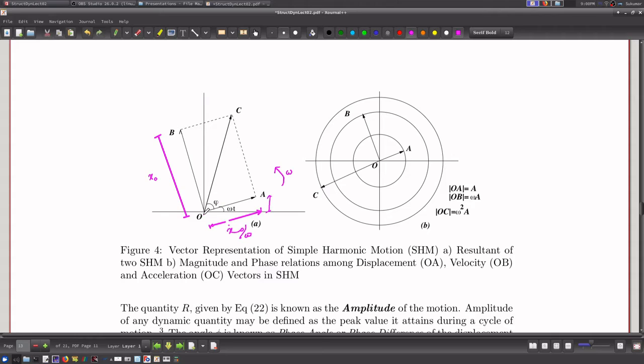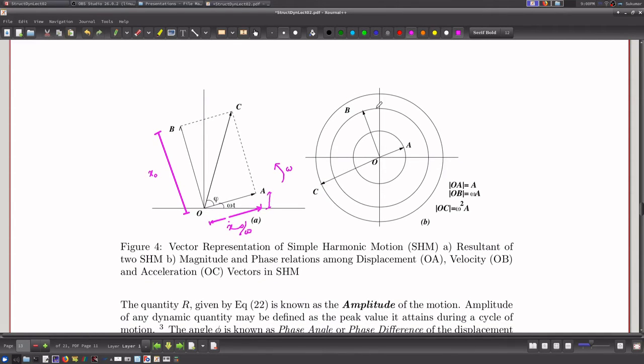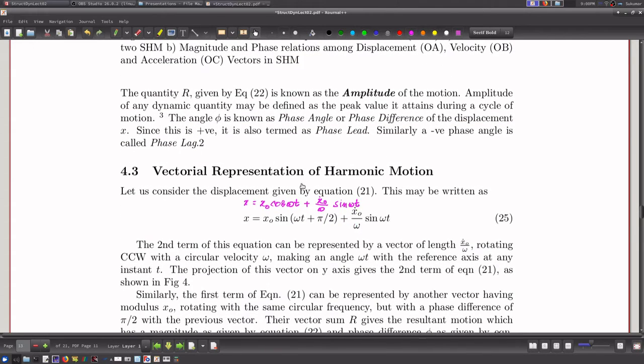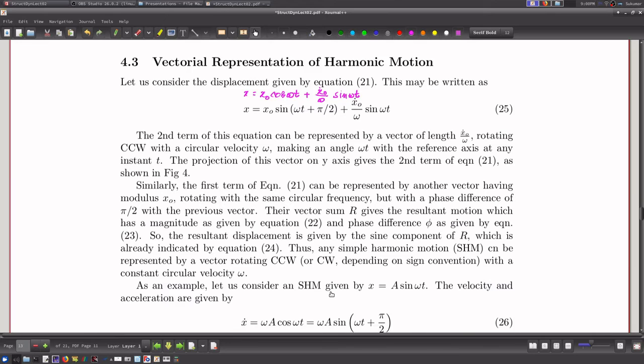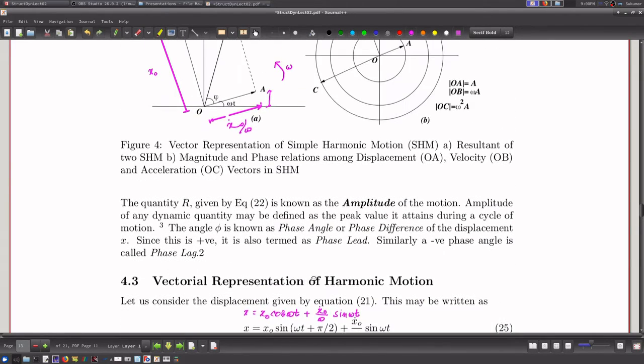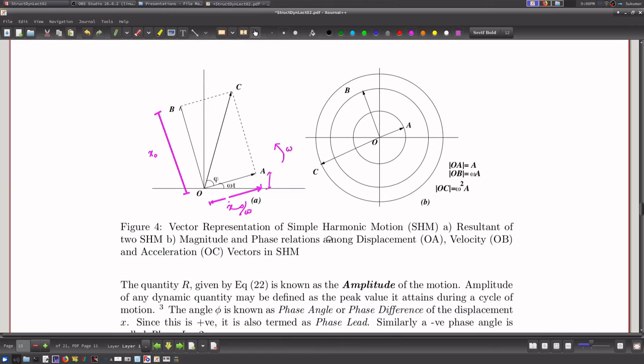The same thing is expressed by these vectors actually. And the length of these vectors is called the amplitude of the relevant harmonic quantity. All right, so that's how we can represent any simple harmonic quantity with a rotational vector.